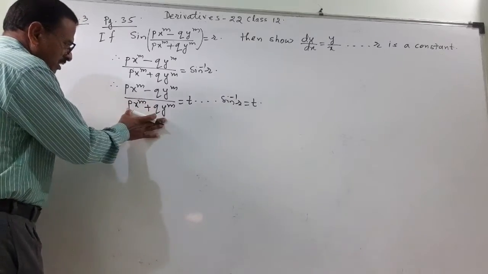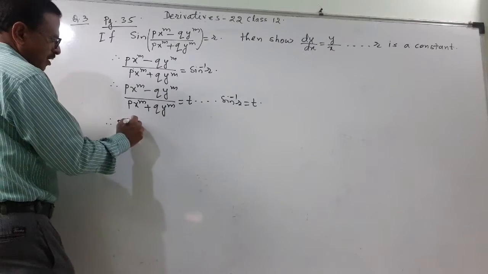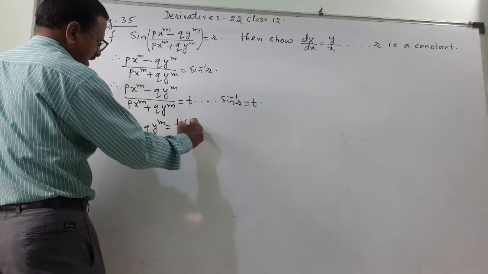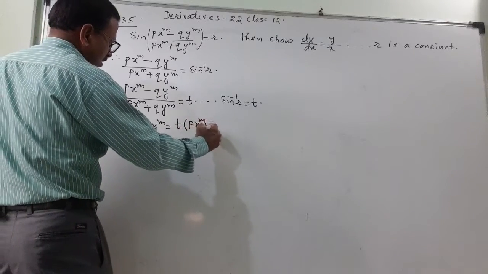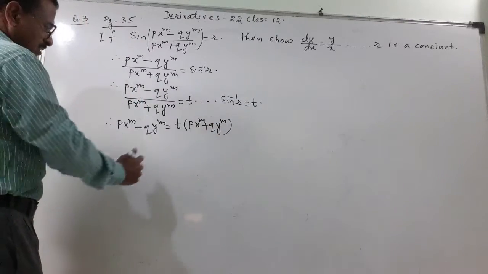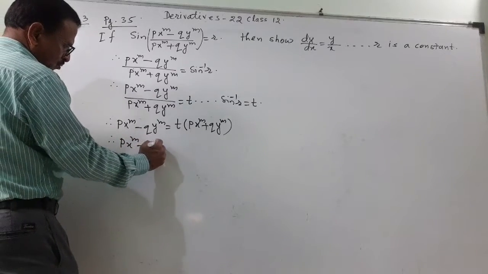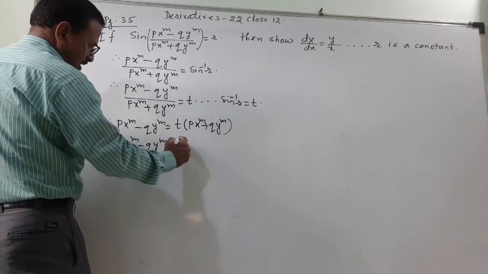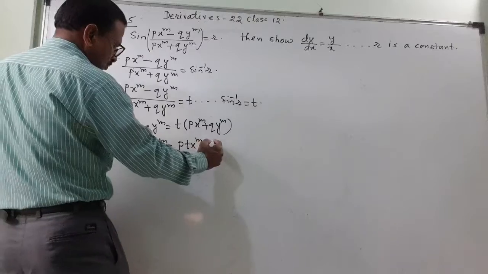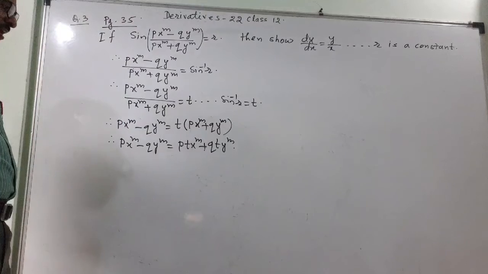Now this denominator I will take here. Therefore, p x^m − q y^m is equal to t times (p x^m + q y^m). I will distribute this. Therefore, p x^m − q y^m is equal to p t x^m + q t y^m.